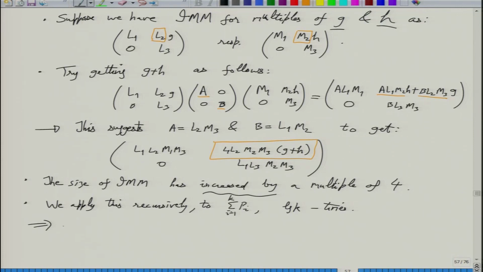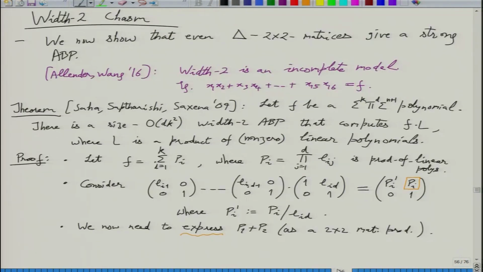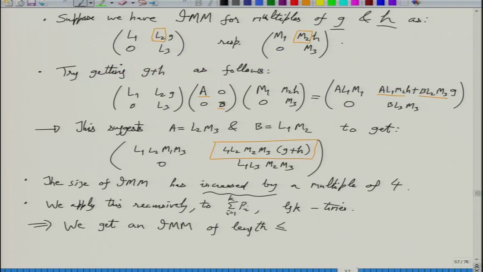Right, so this gives you an IMM of length, so initially we had multiplied d things to compute P1, so that is length d already consumed, and after that you are doing a blow up every time of 4, maybe up to log k plus 1.